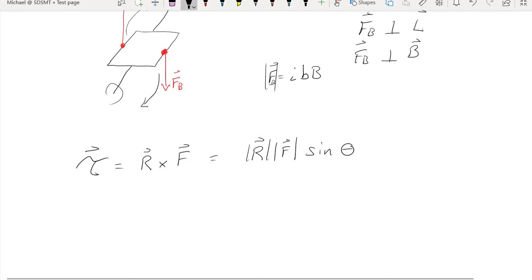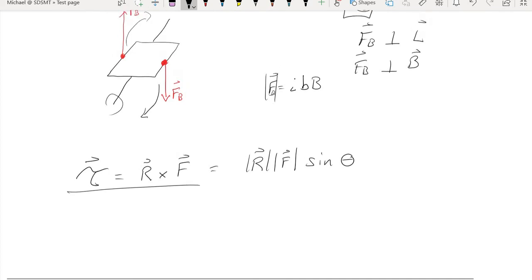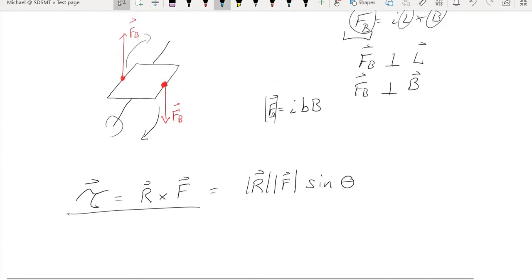And when it comes to any problems involving torque, finding the radial vector is pretty simple. What I'm going to do here is draw an imaginary line that goes through the two pivot points. So this is going to be the line about which our coil will rotate.